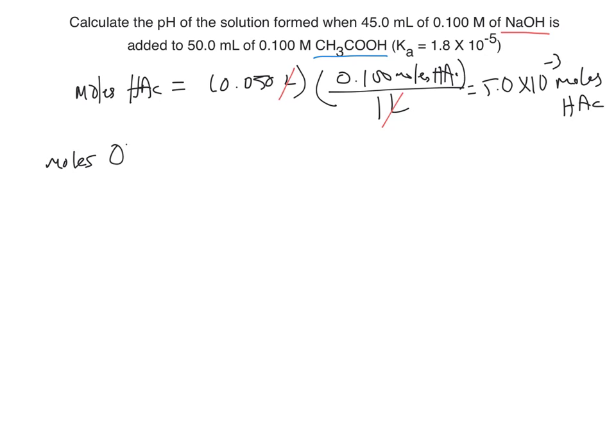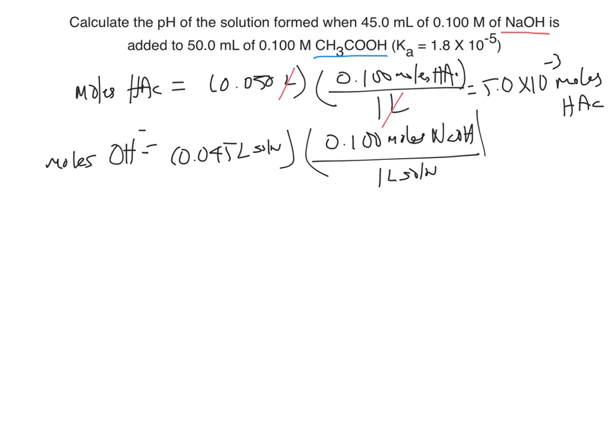Now we calculate the moles of the sodium hydroxide. Sodium hydroxide is a strong base, so it's dissociated. The concentration of the ions is going to be equal to the concentration of the compound. So here we have 0.045 liters of solution, and we multiply by the concentration of sodium hydroxide divided by 1 liter of solution.